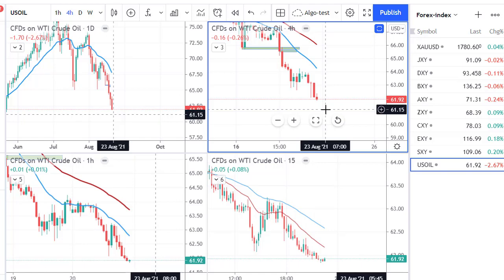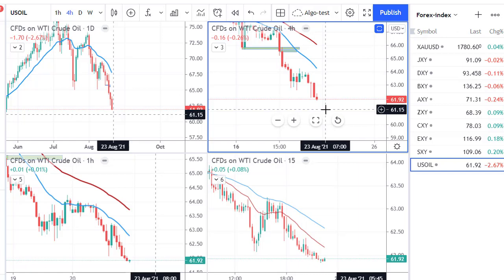But they have agreed finally to start producing more oil. So they are increasing the daily production of oil by 400,000 barrels, and they are doing that in steps each and every month. So at the first of next month, they are increasing the production by 400,000 barrels per day again, and then the first of October and so on.